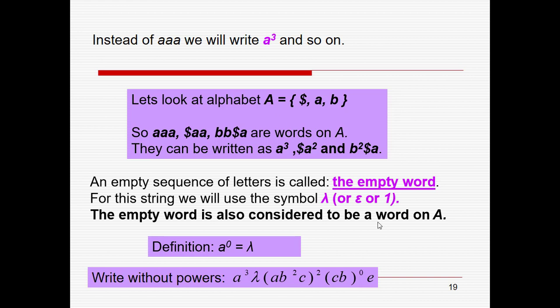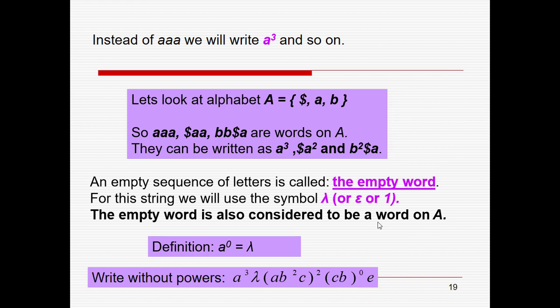So try to write this one completely. Okay, that's quite easy. So we have aaa, lambda, and we can of course drop the lambda because lambda is the empty word. So we could omit this one. And then we have between brackets a, b squared, c, and that in total squared.